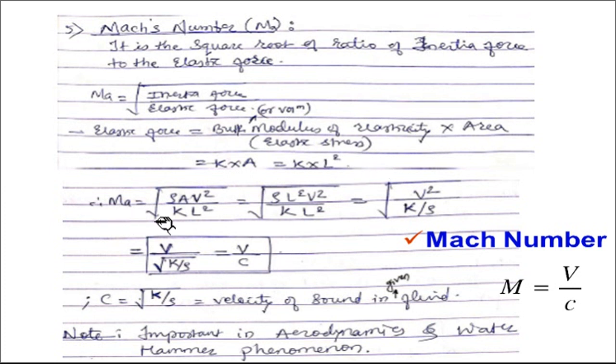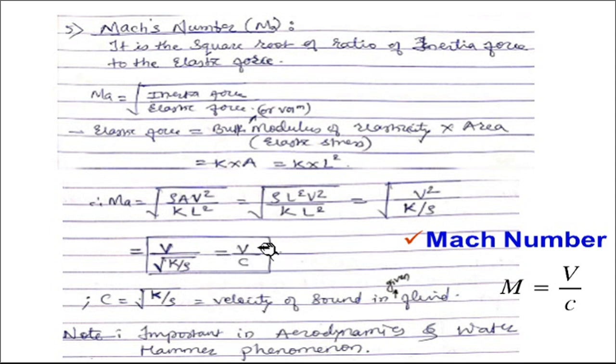Therefore Mach number can be written as square root of rho A V squared upon K L squared. Substituting area as L squared, so L squared cancels out. So this is square root of V squared upon K divided by rho. Taking the root, we have finally velocity V divided by root of K by rho.